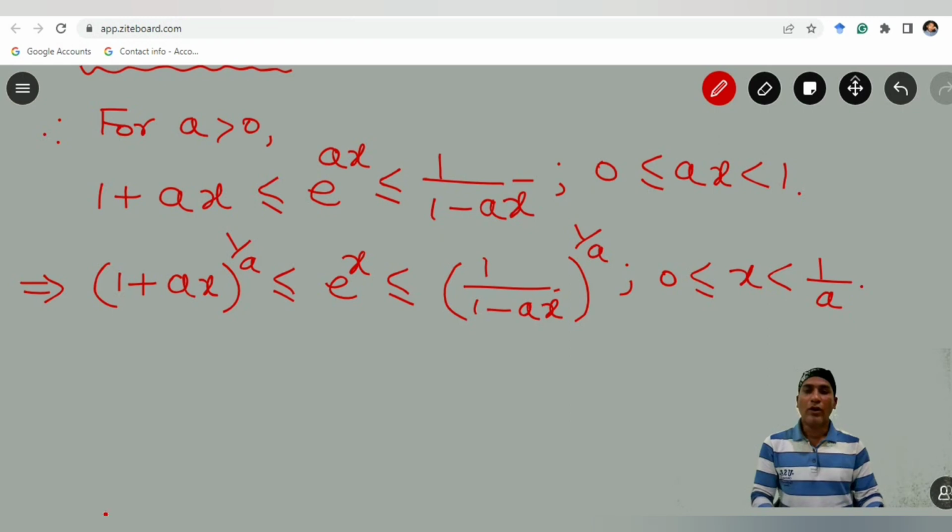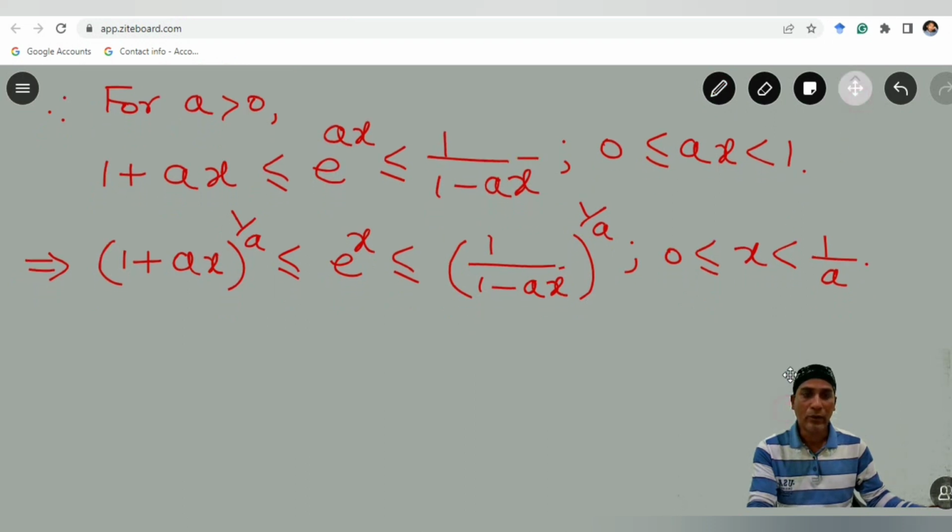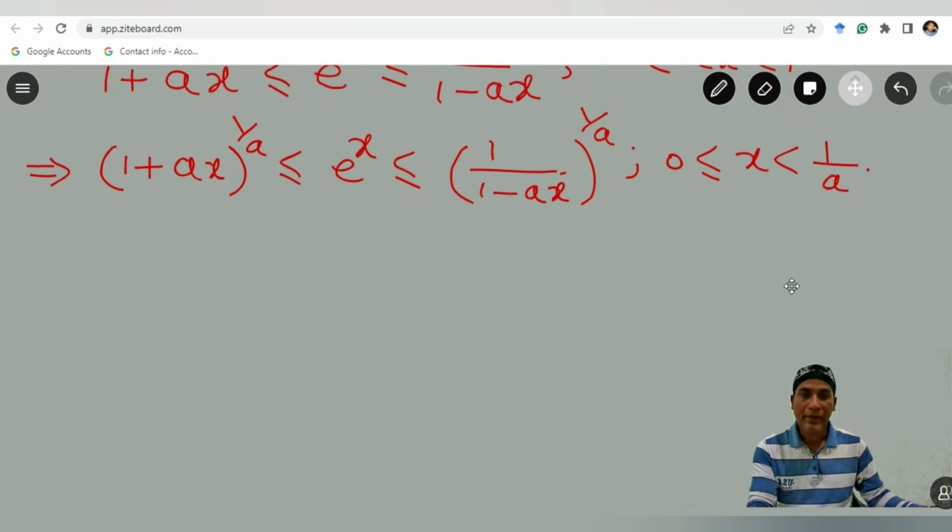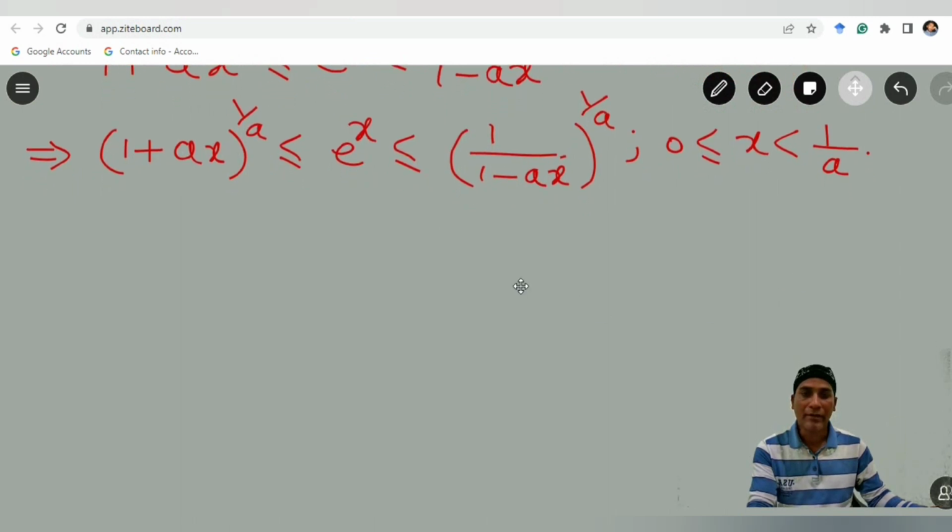So what did I do here? I have simply taken the power 1 over a throughout, and here 0 less than or equal to ax less than 1 is equivalent to saying that 0 less than or equal to x less than 1 over a. Then I will replace x by x square in these inequalities.